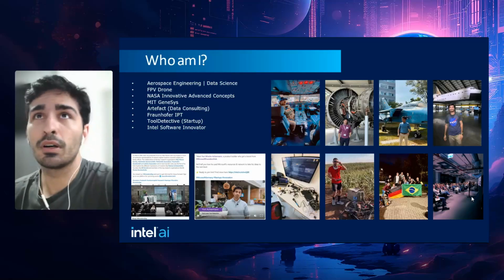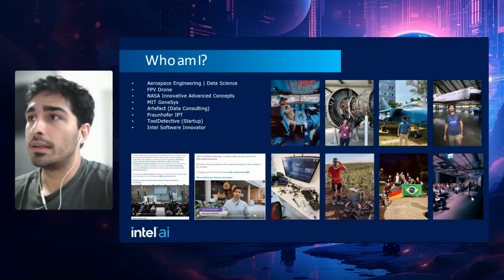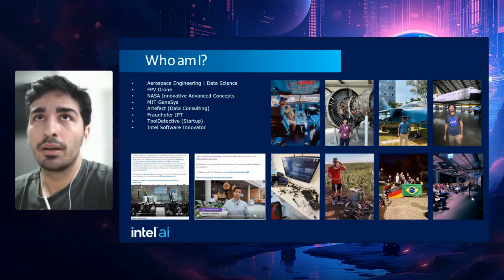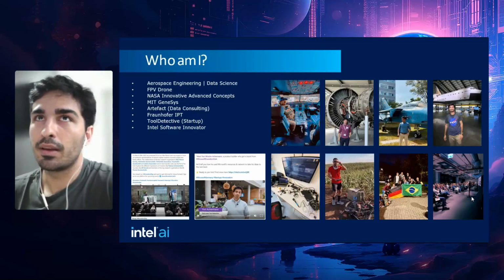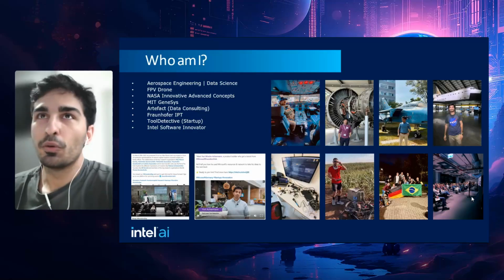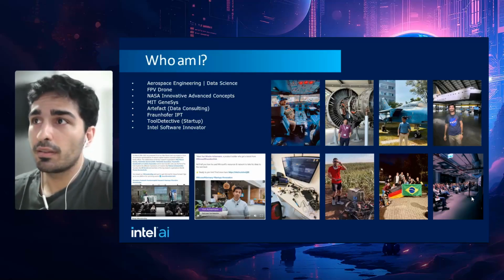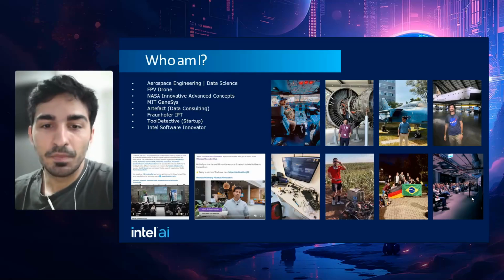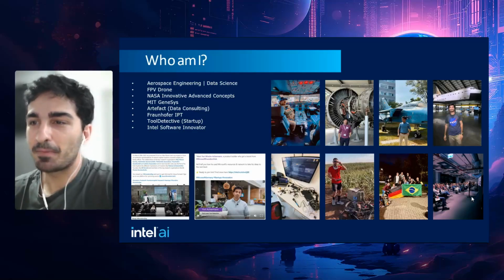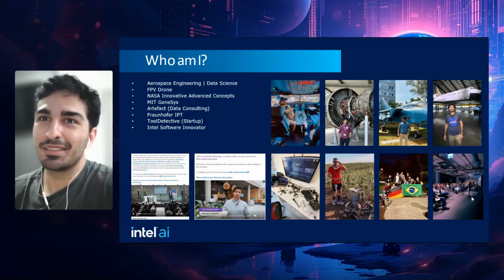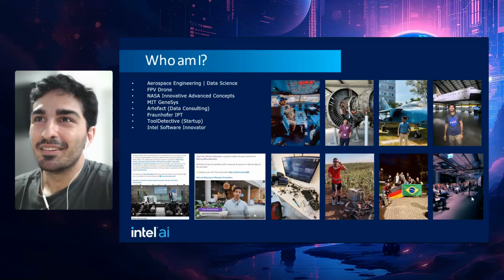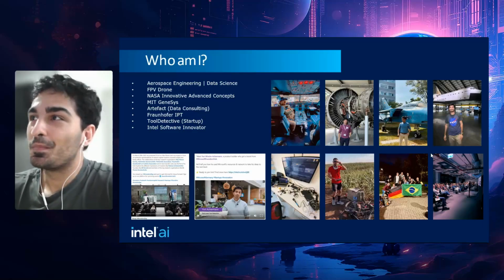Also worked with data consulting and in a research institute in Germany, and then I opened a startup, and also I'm an ambassador for Intel. I think this is enough introduction for now.